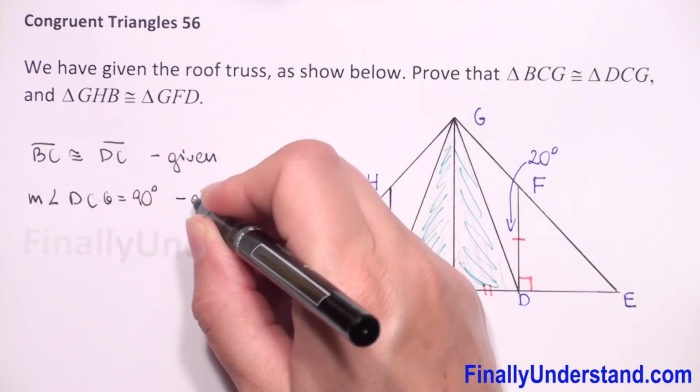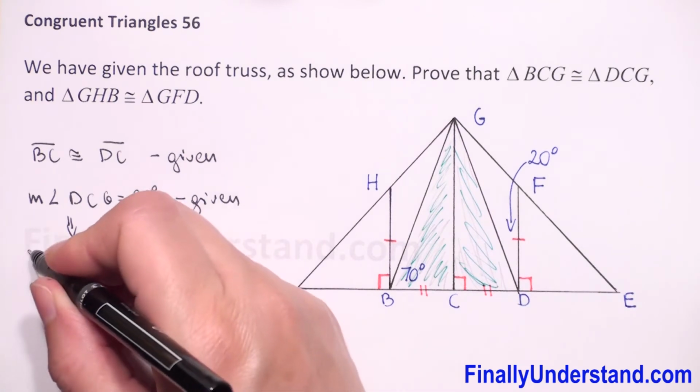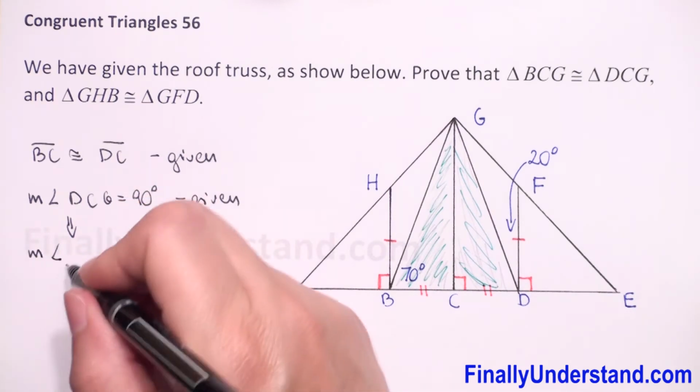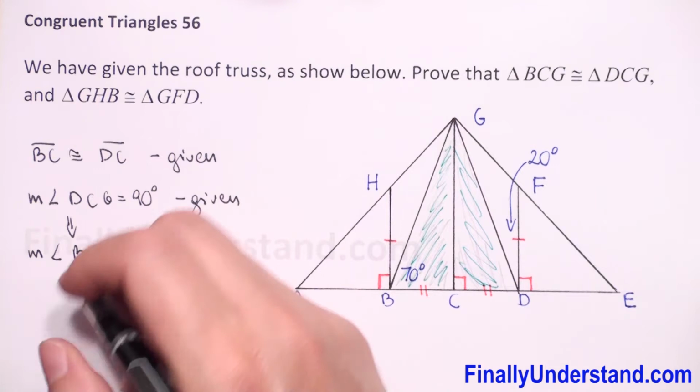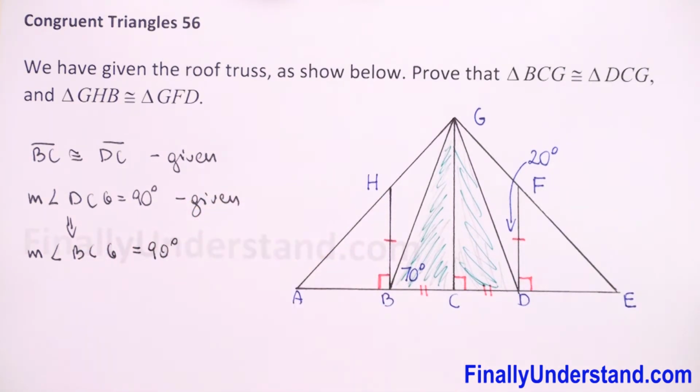This is given. Because DCG has 90 degrees, it means that BCG has 90 degrees too. So from this statement we have that the measure of angle BCG is 90 degrees too.